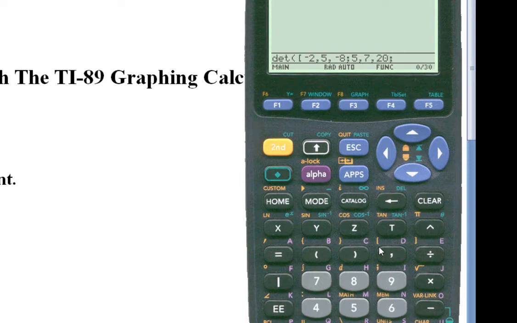Next row, 11, comma, and 9, followed by comma, 20, and then the right bracket, parentheses, enter.